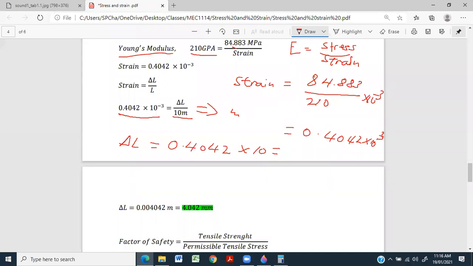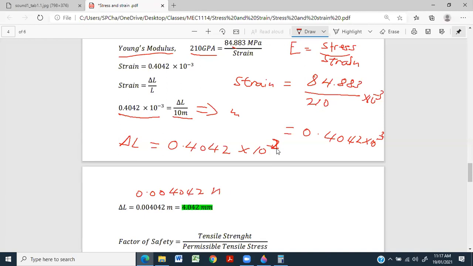Times 10, hold on. Let me erase this there. Times 10 to the minus 3 times 10, which is this 10 meters, right? So this here becomes 10 to the minus 2, which is 0.00404.2 meters, right?